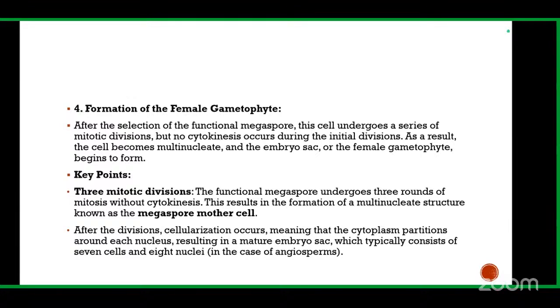After the division, cellularization occurs, meaning that the cytoplasm partitions around each nucleus, resulting in a mature embryo sac, which typically consists of 7 cells and 8 nuclei in the case of angiosperms. So in a typical angiosperm, the female gametophyte will consist of 7 cells and 8 nuclei.